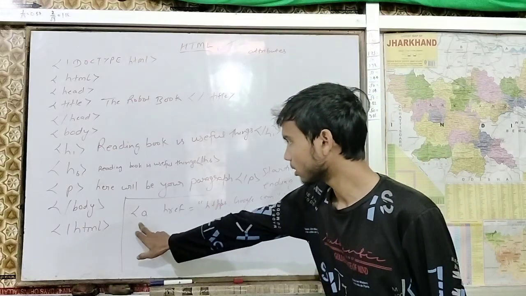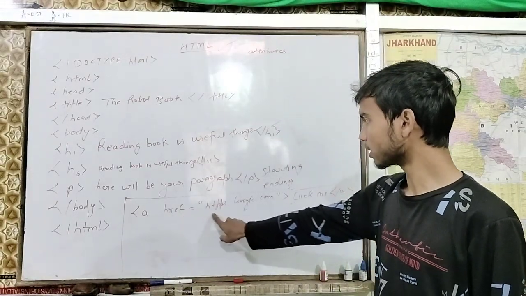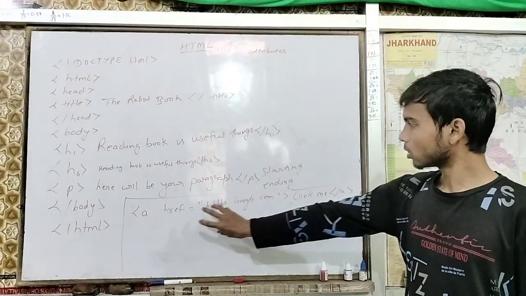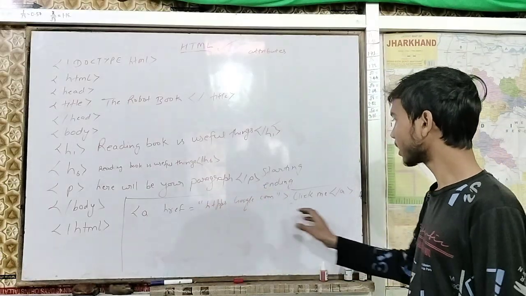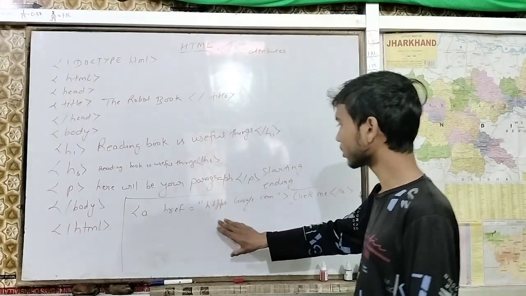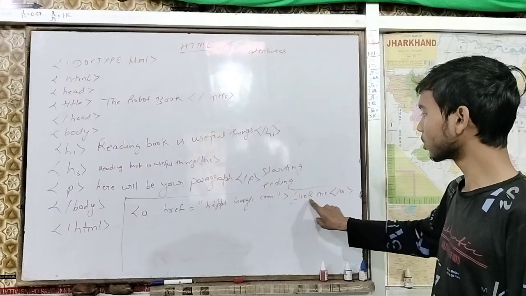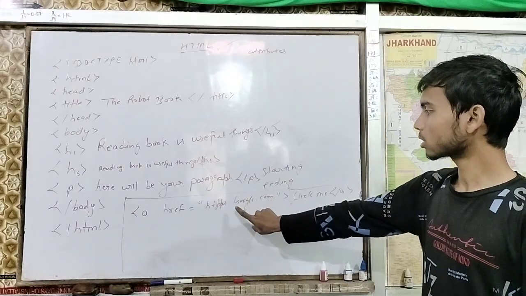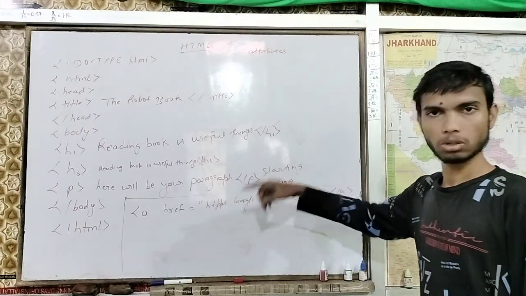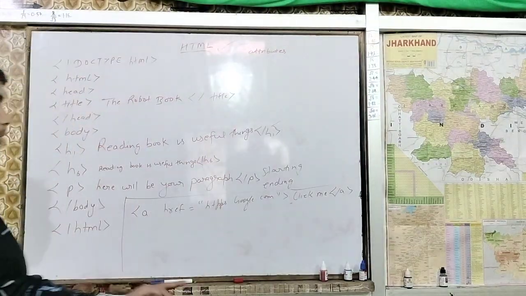Here you can see this was our a tag, but in this, as you can see, we gave href, this link. Here we are saying that I have this link and I am providing it over here. So whenever the user clicks on this word, it will take that user from this link to the Google website. That is how this tag will work.